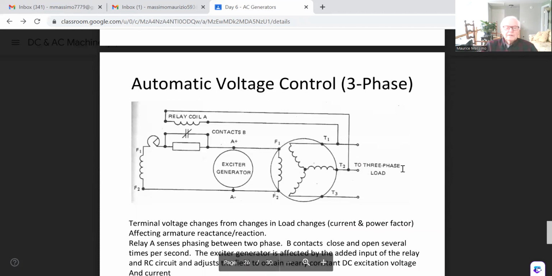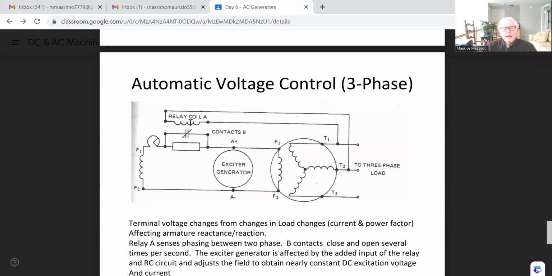We can create an automatic voltage control for three-phase by using the exciter generator, okay? It's going to be creating some kind of excitation that we can control using a rheostat here.